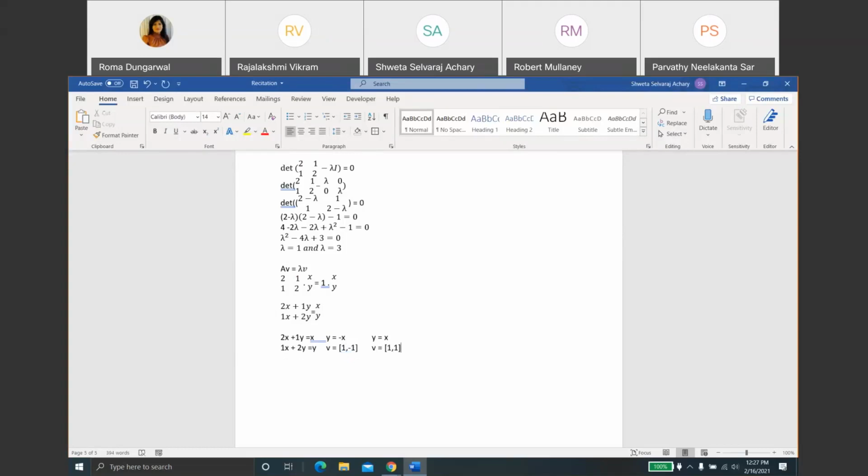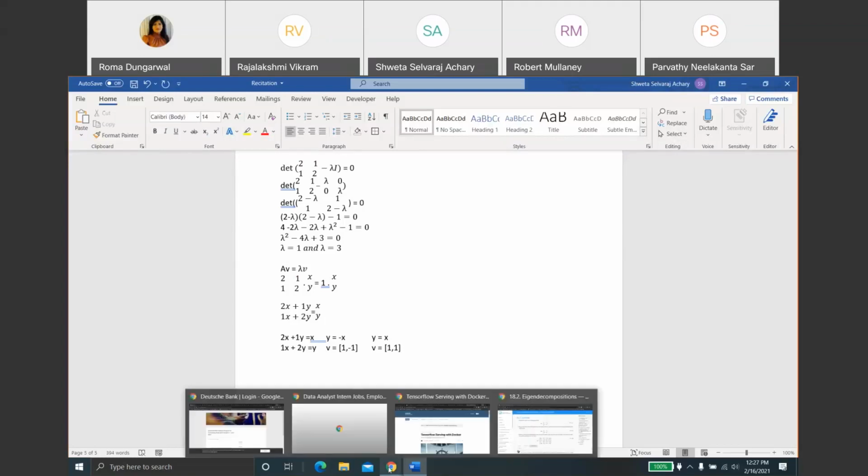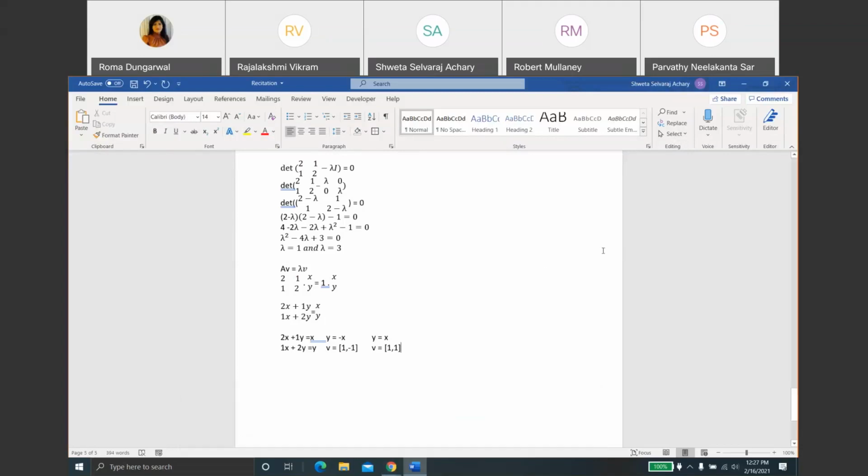Okay, did you understand this? Have you guys understood it? Yeah, I'm getting a feel of it. Y equals to x came; similarly, y is equal to minus x from the second equation?